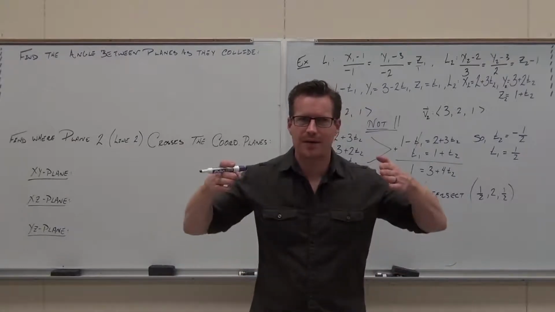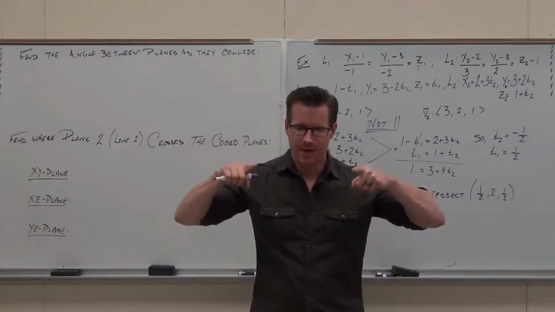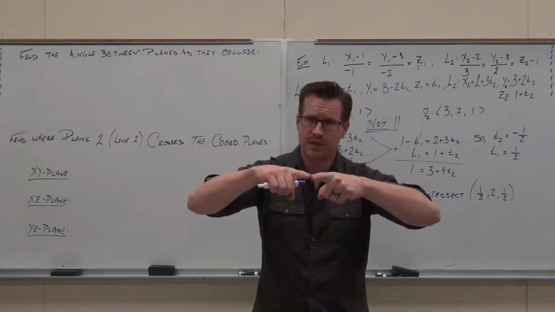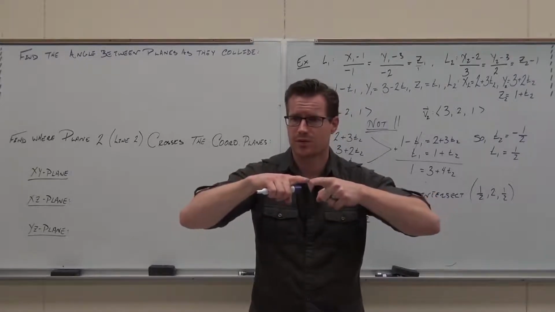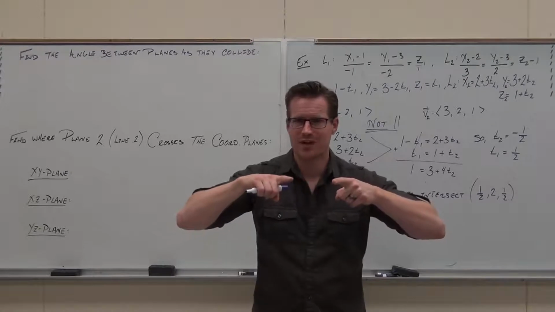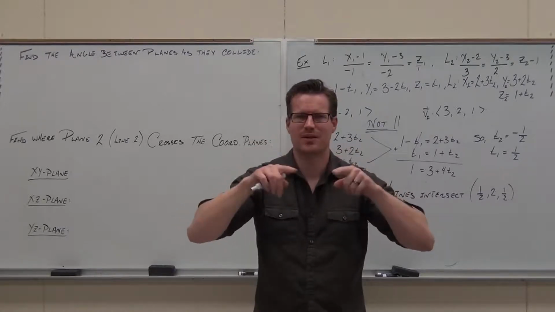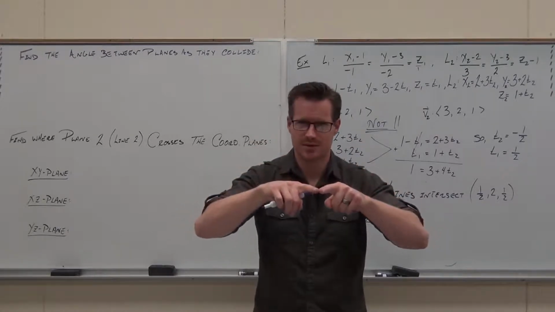How can we find that? Okay, think about it. How can we find the angle between lines? Lines are given by their direction vectors. How can we find the angle between two lines? Come on, put it together.